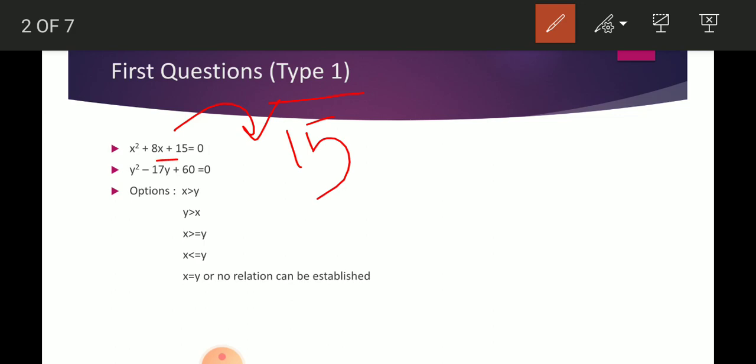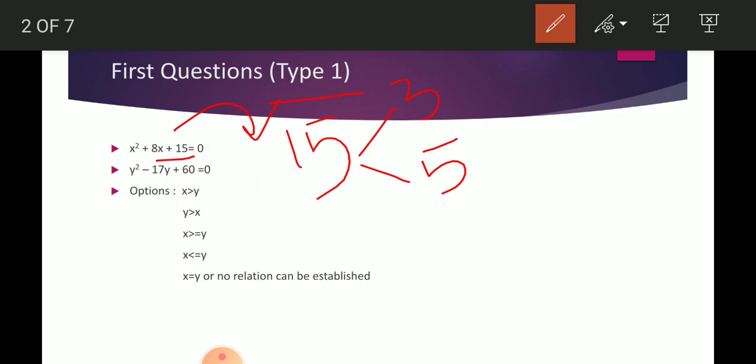Now if the sign before 15 is positive, we have to add those two factors. Such factors of 15 are 3 and 5. If we add 3 and 5 we will get 8, but these are not our roots since we haven't considered the signs. Since the sign before 8 is positive, the sign of the higher term will be opposite to that.